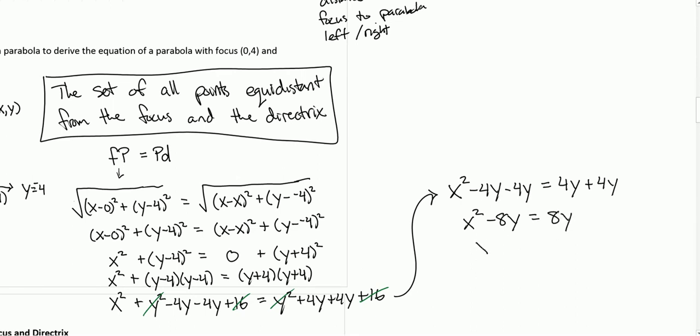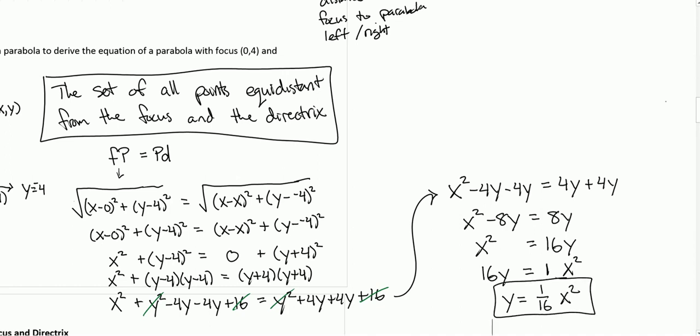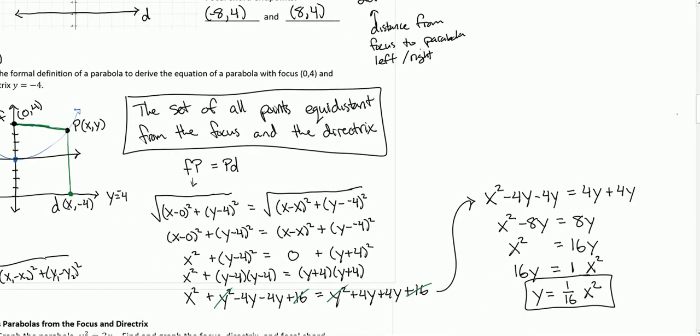Add 8y to both sides, you get x squared is equal to 16y. Swap sides. That's a 1 in front of the x squared. That's invisible. I'm going to write it there so that when we divide by 16, we get y as 1 over 16 x squared. You may notice this is the same exact problem we had in number 1.